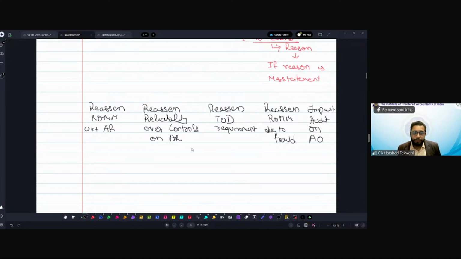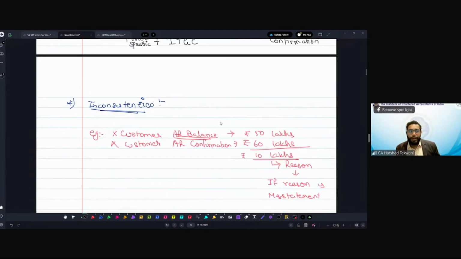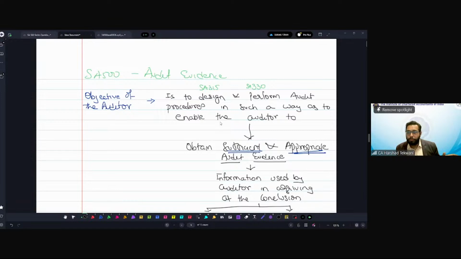Any doubt? No? Yes? So that is your SA 500, audit evidence. Any doubt with the whole SA 500 audit evidence?